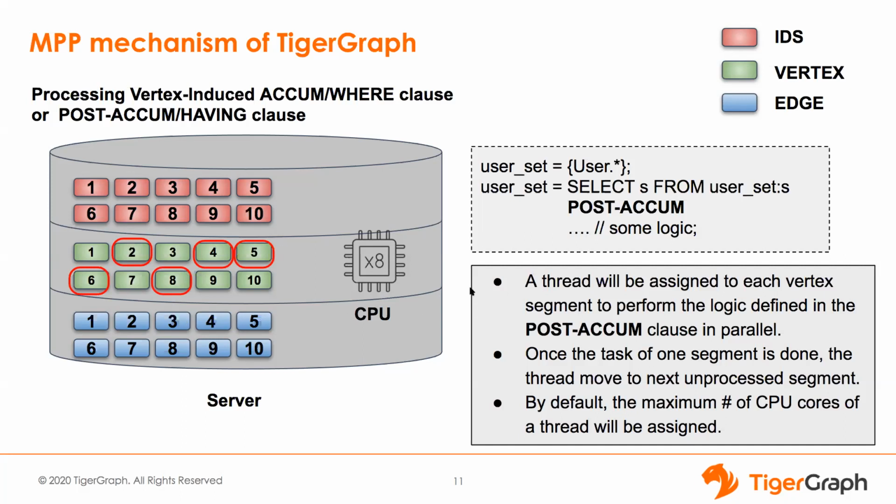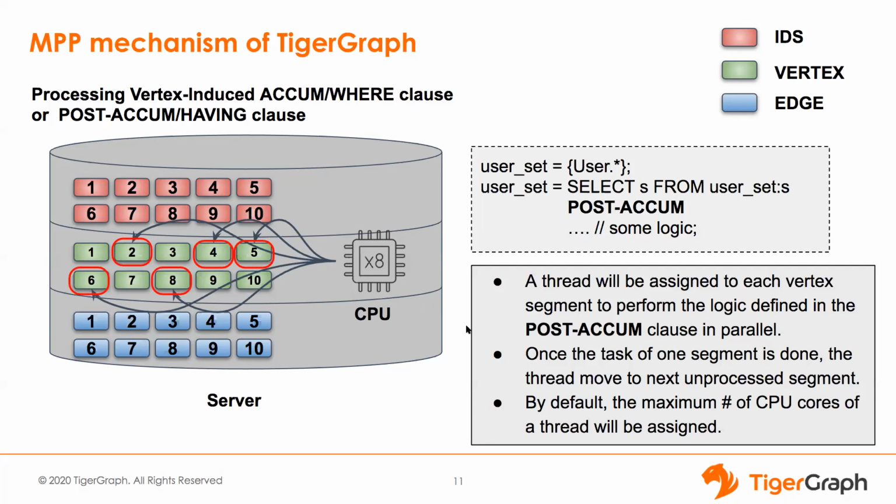Then the CPU will assign a thread to each segment that needs to be processed. That means all these calculations for each segment are in parallel.